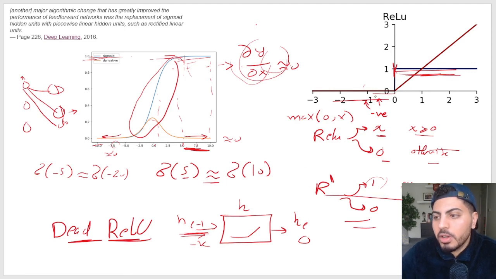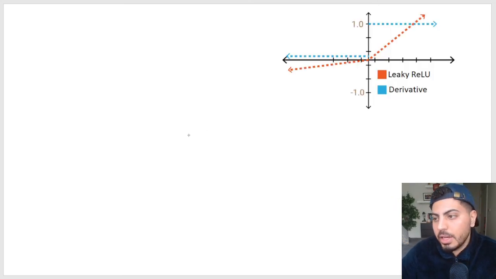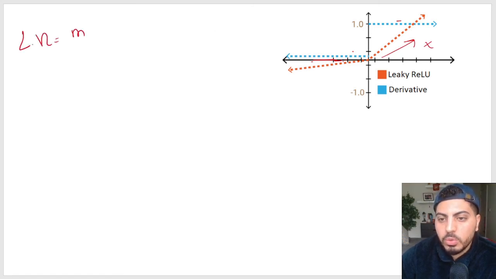But to overcome this vanishing gradient, dead ReLU problem, some researchers have developed another activation function that's called the leaky ReLU. So this is how the leaky ReLU function looks like. It's very similar to the ReLU function. It's this yellow dotted line here, very similar to the ReLU function on the positive end. So leaky ReLU is equal to max of, so the ReLU was the max of 0 and x, right?